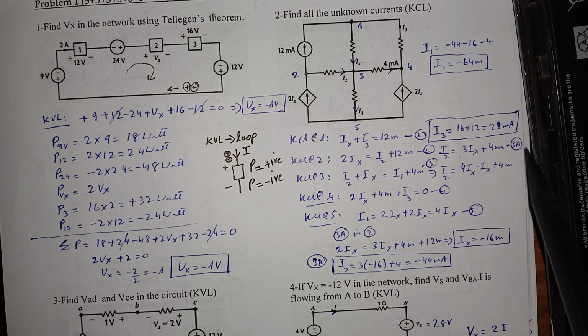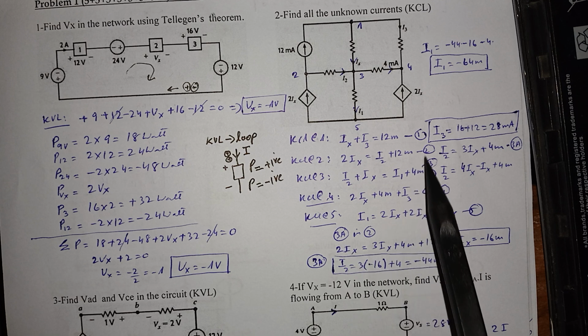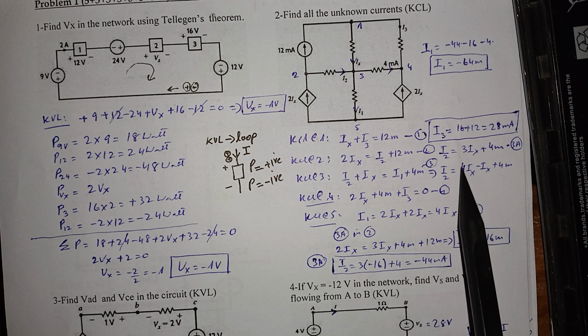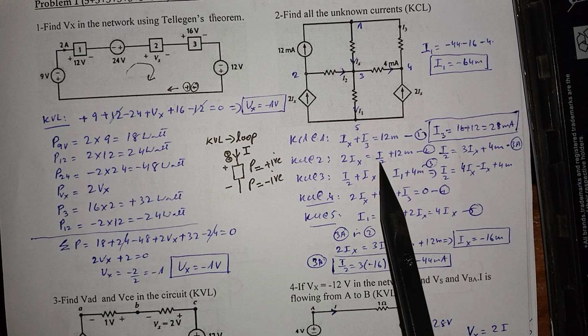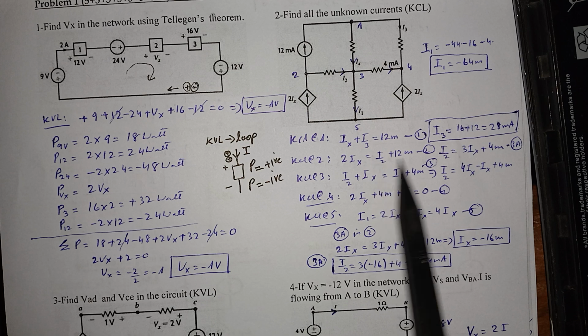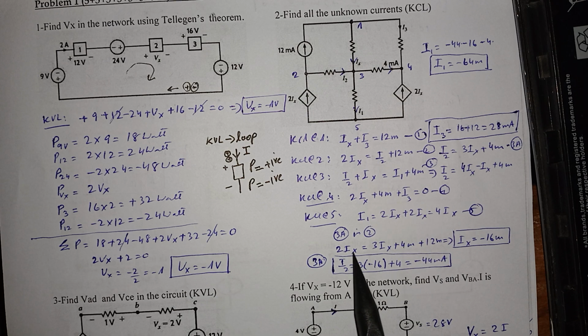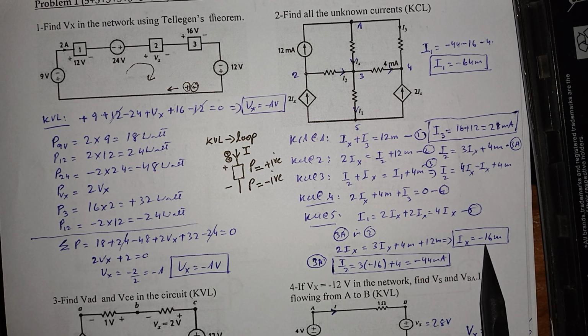So if I substitute 3a in equation 2, I2 is written in terms of Ix, and if I replace I2 with Ix, there's one equation and one unknown. After substituting, which is written here, I can find Ix is equal to minus 16 milli.